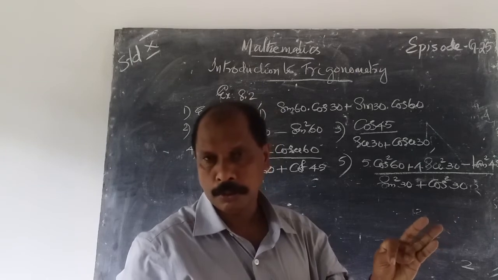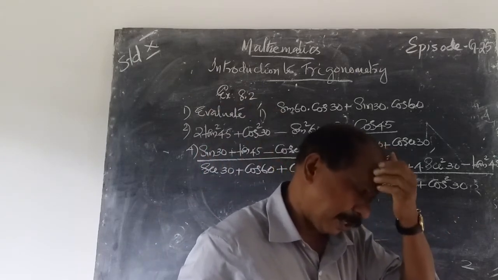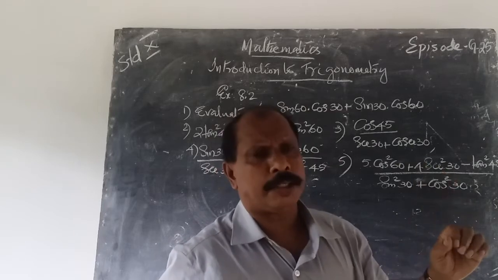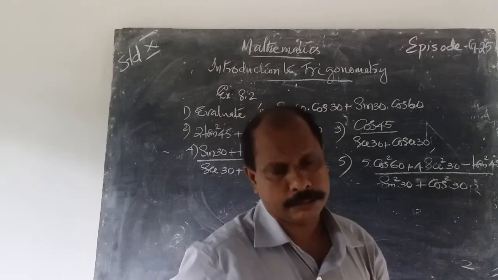We know that sin 0, not 0, that is sin 30 is 1 by 2, sin 45 is 1 by root 2, sin 60 is root 3 by 2, sin 90 is 1. But in this problem there is no 0 or 90 at least.